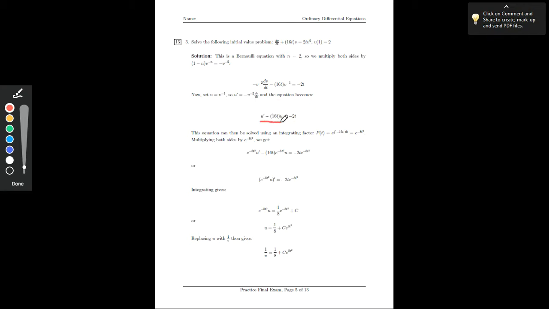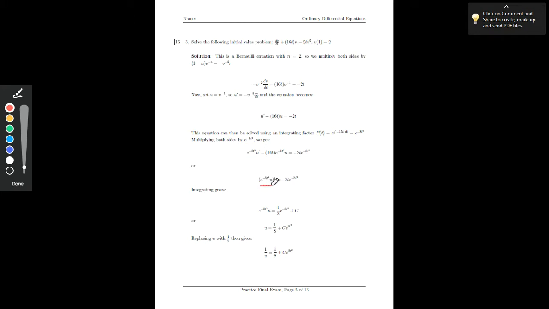This, as with all Bernoulli equations, once you make the substitution, the subsequent equation can be solved using an integrating factor. The antiderivative of minus 16t is minus 8t squared. We raise e to that power, and we get our integrating factor. So we multiply both sides of the equation by e to the minus 8t squared. We get e to the minus 8t squared u prime minus 16t e to the minus 8t squared u is negative 2t e to the minus 8t squared.